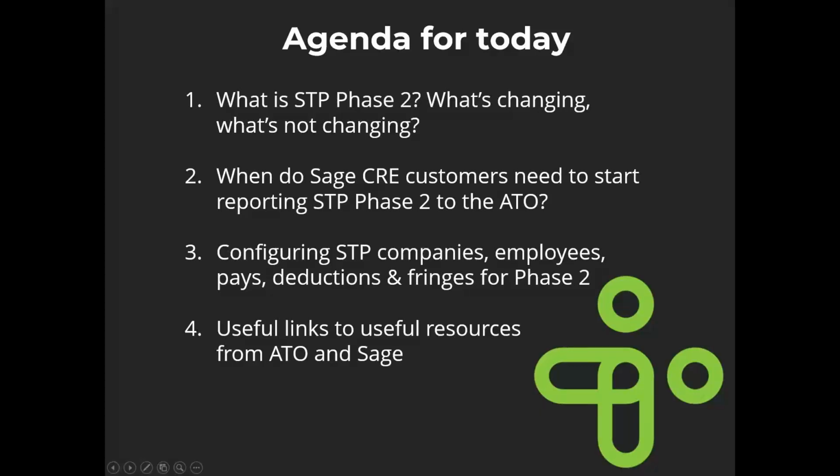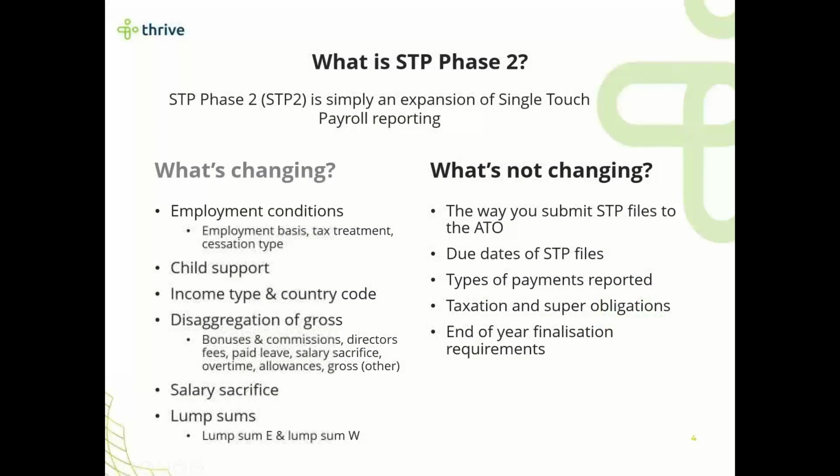So, what is STP Phase 2? It really is just an expansion of the original single touch payroll. It's just additional reporting. So what's changing? There's going to be employment conditions reported. So you've got your employment basis, full-time, part-time, casual, that needs to be reported now.